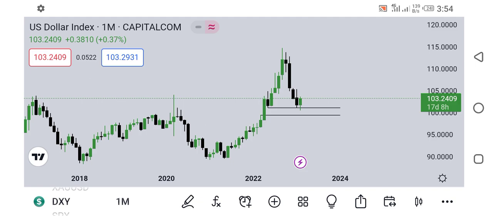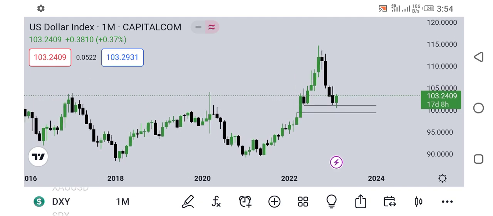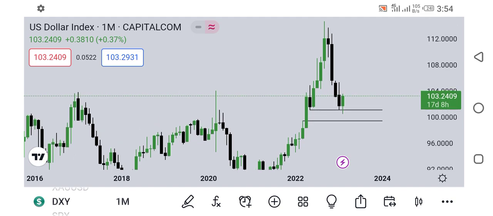Basically, I want to look at how to frame your bias on GBPUSD and EURUSD using this correlation with the dollar index. The chart you're looking at is the dollar index. When you talk about the dollar index, you are talking about the US dollar. You want to look at this chart because this US dollar index informs the direction of the Euro USD and the GBP USD.